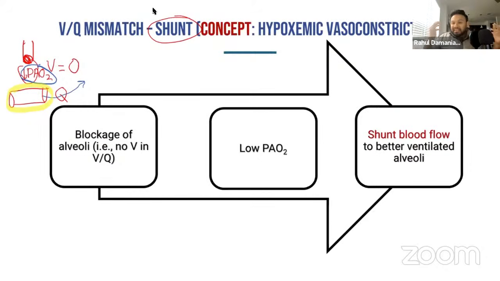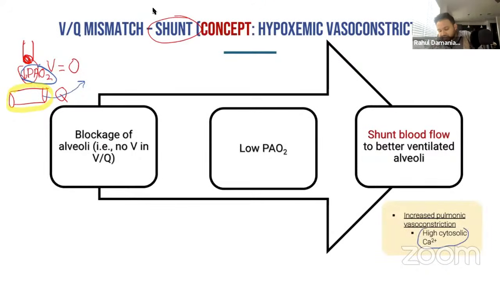It's basically like me saying that if I'm a capillary and my neighbors upstairs are making a lot of noise and are hypoxemic, I'm going to then shunt to another apartment, find somewhere else because my actual alveolus is messed up. So that increased pulmonic vasoconstriction is due to a high cytosolic calcium. And that's an exam question as well.